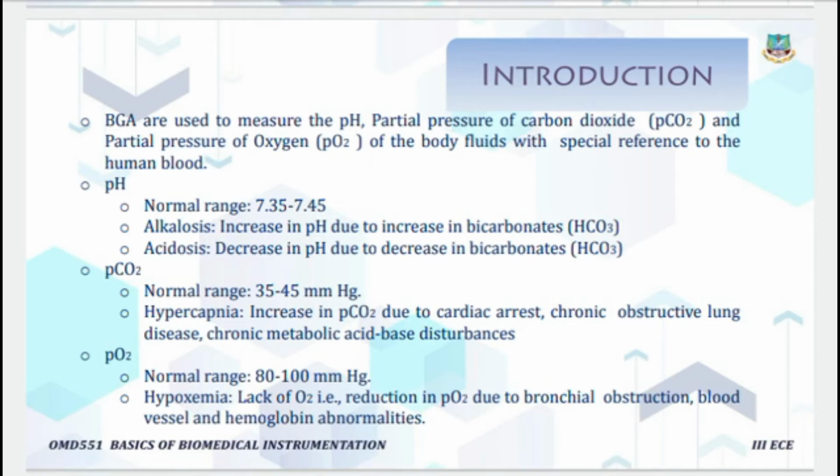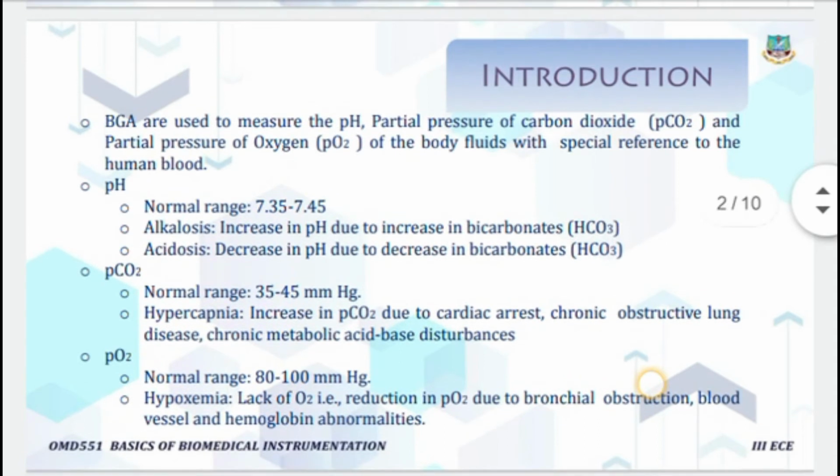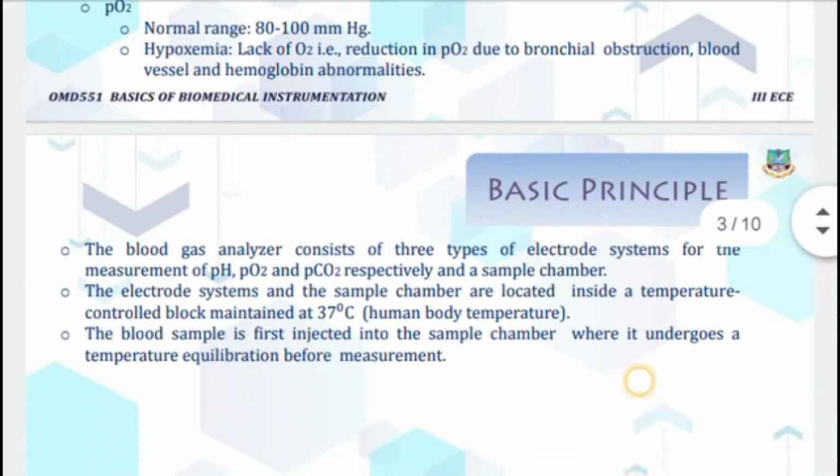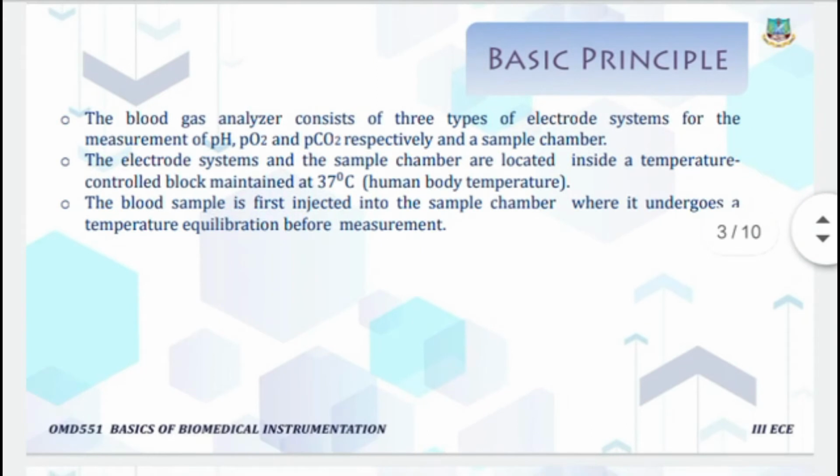Let's see one by one: pH, PCO2 and PO2. Before that, the basic principle. This blood gas analyzer consists of three types of electrode system for the measurement.